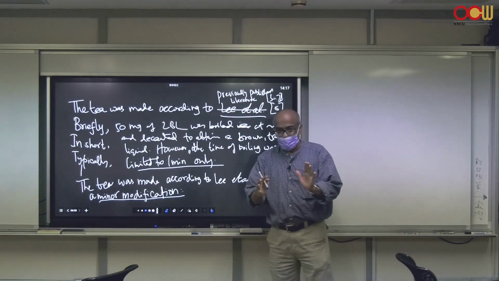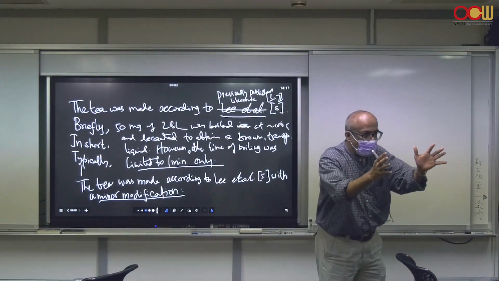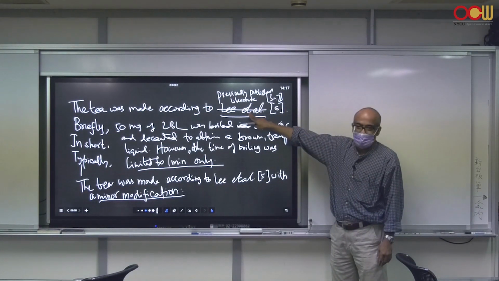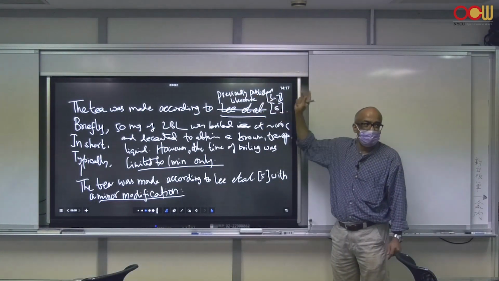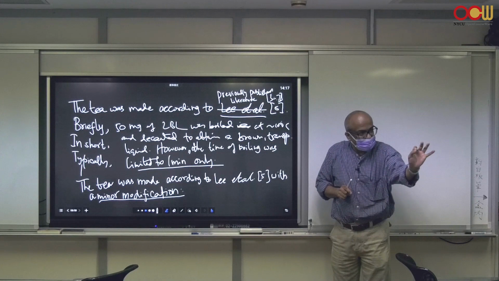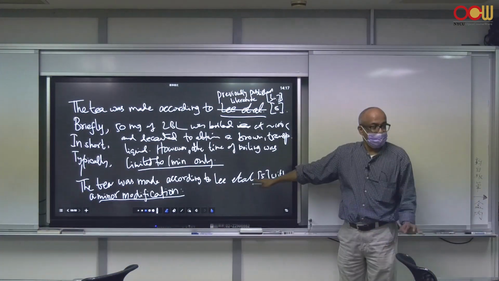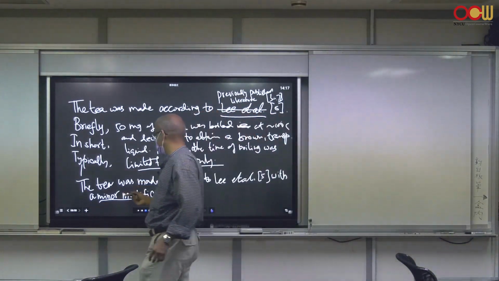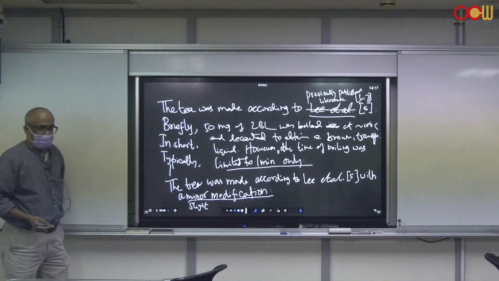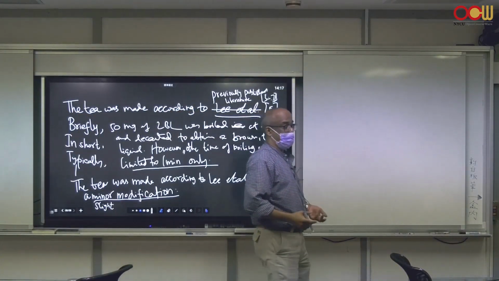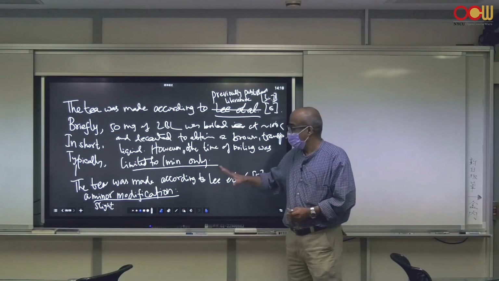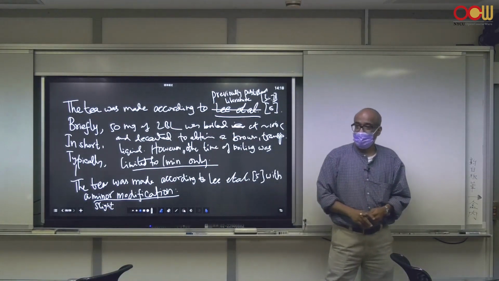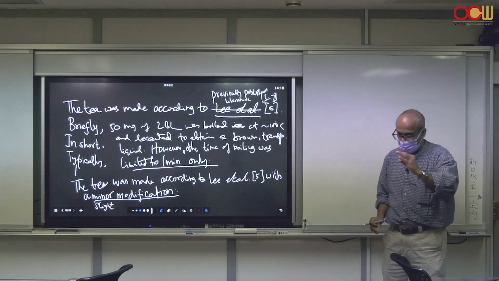So if you are following entirely the paper, you just write the tea was made according to previously published literature. If you have done some change, then you write this one, a little change, minor modification, slight modification. Instead of minor, you can write slight. Or if it's a big one, then just write major modification. So this is how we write the experiments. And you write all the experiments one by one.